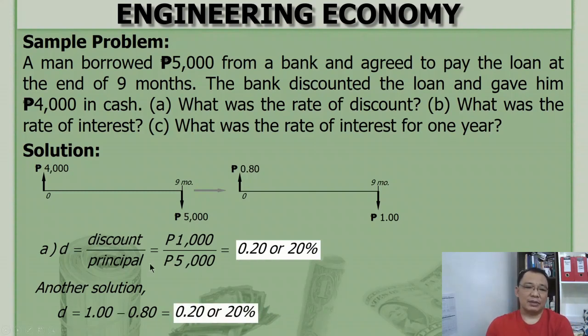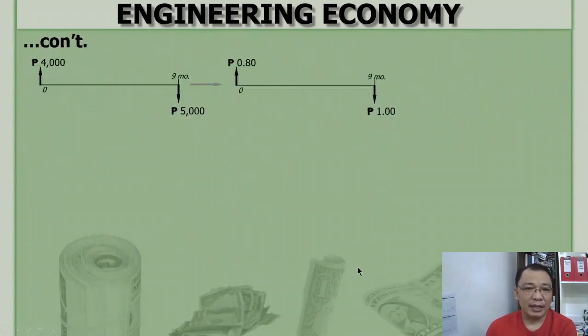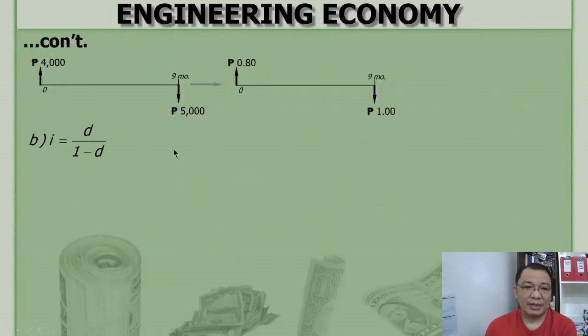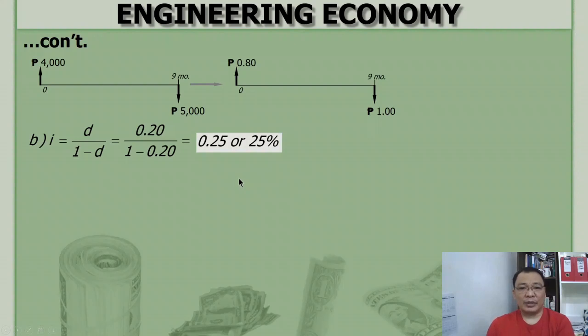It depends on you which one to use in getting the discount. Either this or this one, the same result. Letter B is what was the rate of interest for 9 months. Letter C is the rate of interest for 1 year. Since we have D, you can now solve for i. i is D over 1 minus D. This one, and the answer is 25%.